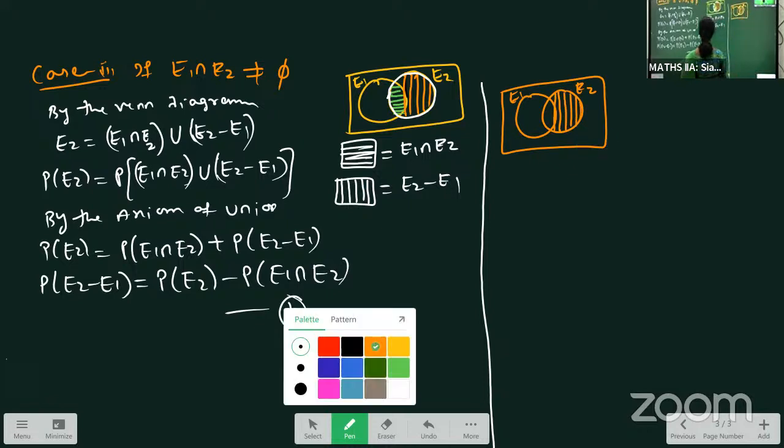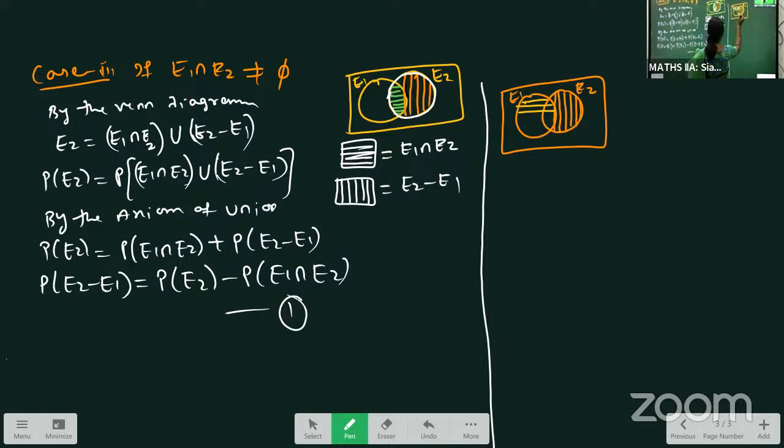And in the previous case, the horizontal line was E1 intersection E2. But here, what is the horizontal line? Observe carefully. If you draw the diagram, the horizontal line is nothing but E1 here, and the vertical line is nothing but E2 minus E1.